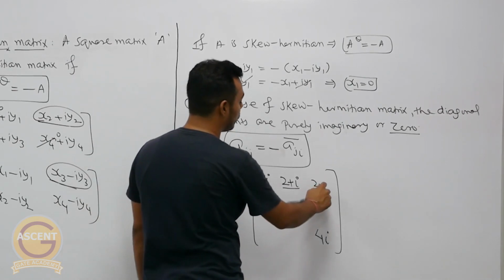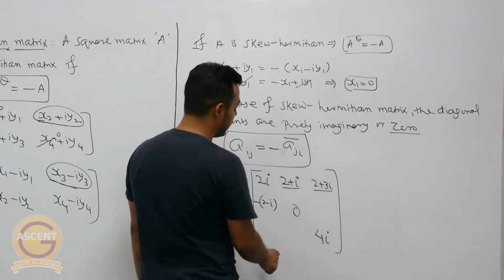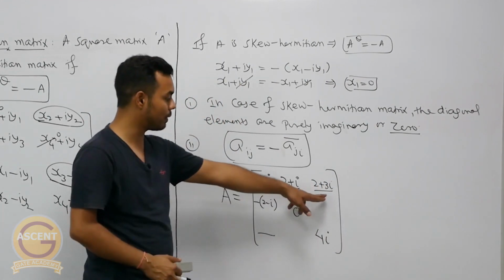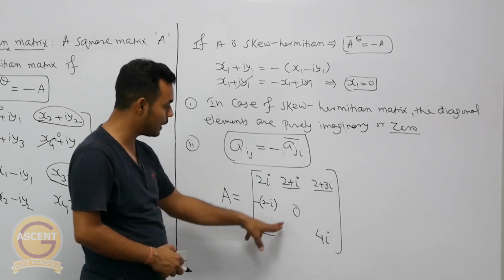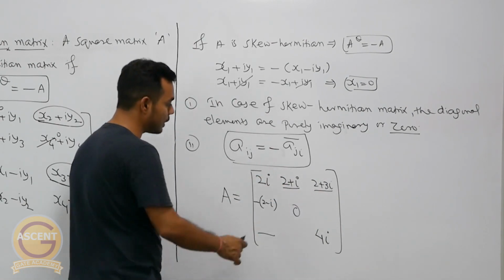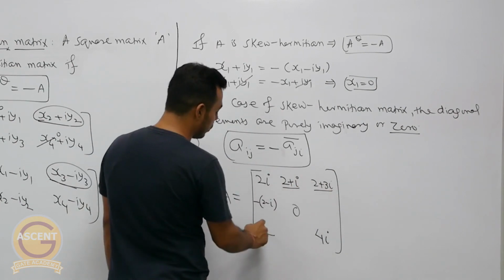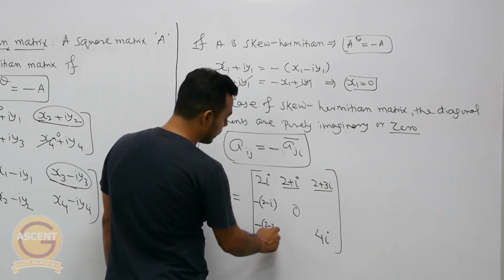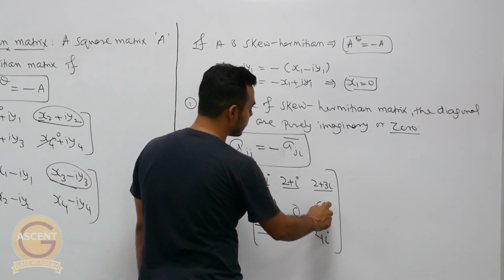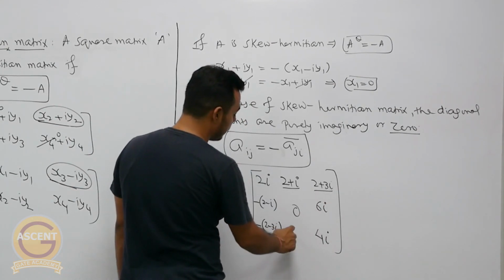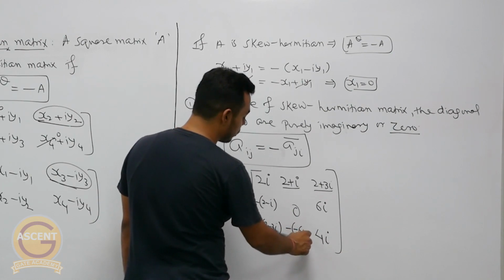Here if I have say 2 plus 3 iota, then this element is in first row and third column. So the element in third row first column will be negative conjugate of this element 2 plus 3 iota. So conjugate will be 2 minus 3 iota, negative conjugate will be minus 2 minus 3 iota. And similarly, suppose here I have 6 iota, then this element will be negative conjugate of 6 iota.